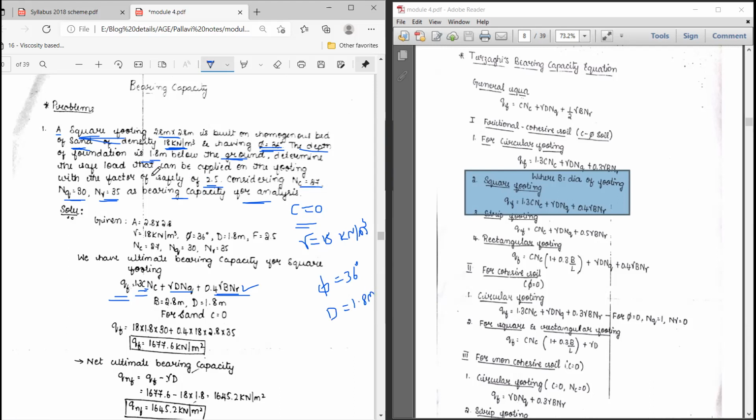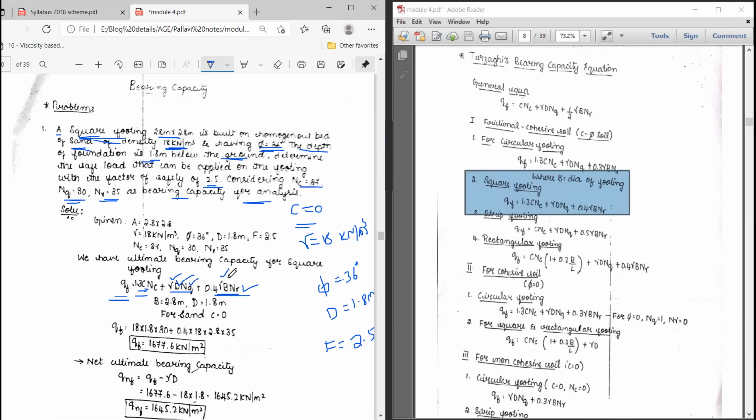Then determine the safe load that can be applied on the footing with the factor of safety. The factor of safety is equal to 2.5, and remaining other values he has given. Now, all the values are available in this formula, right? Gamma is 18, D is 1.8, N suffix Q he has said is 30.